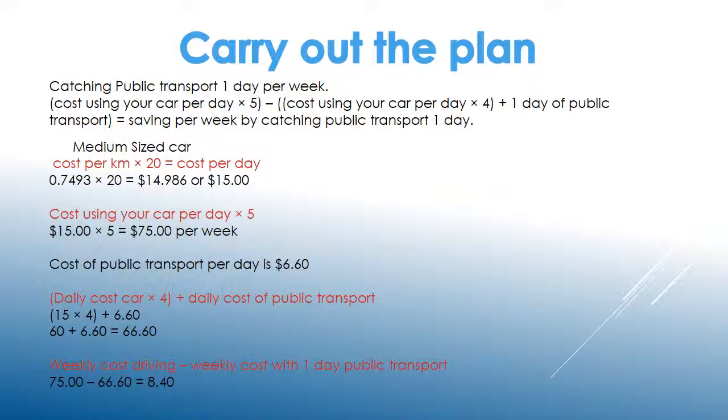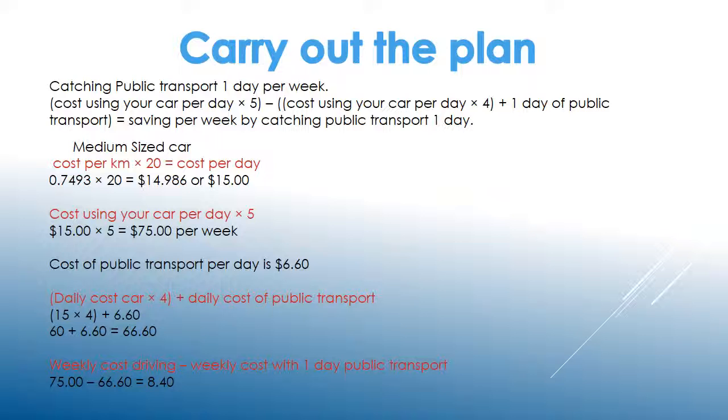So if we go 15 by 4 plus $6.60, so $6.60 for 1 day of public transport. So we would be saving $8.40 per week if we were to take public transport 1 day a week instead of 5 days of driving.